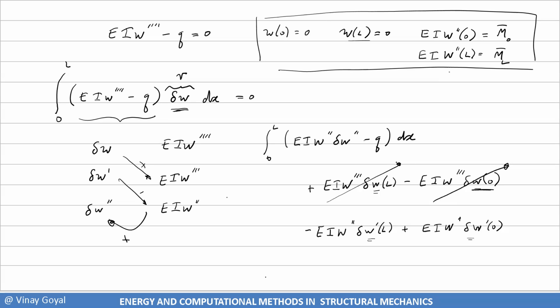And then you have been given these values of EI here. So you can now substitute here what EI W double prime is, which is M at L, and this is M at zero. And then we still have to deal with this term and that term, and I'll explain how that's dealt with coming up.